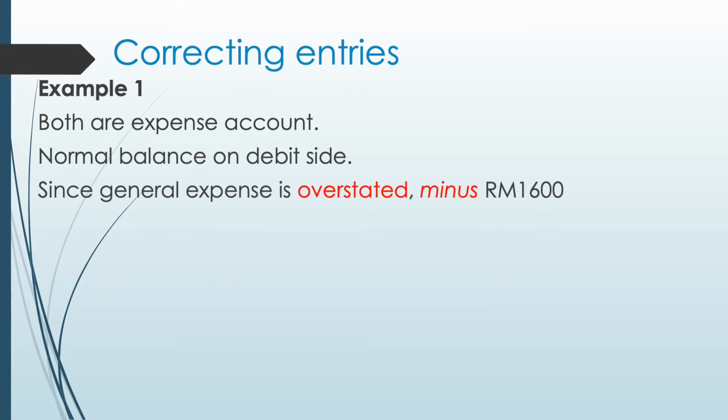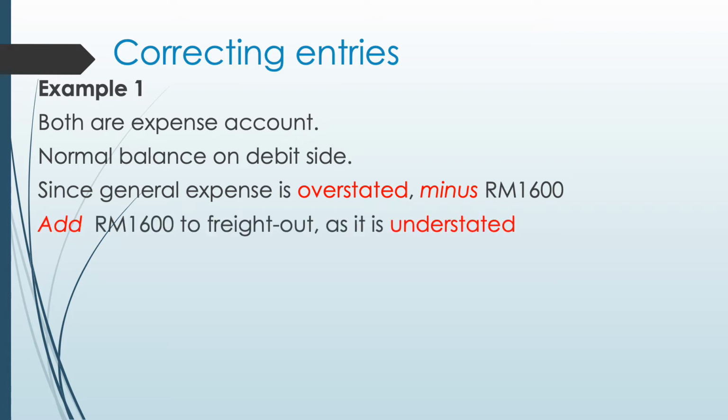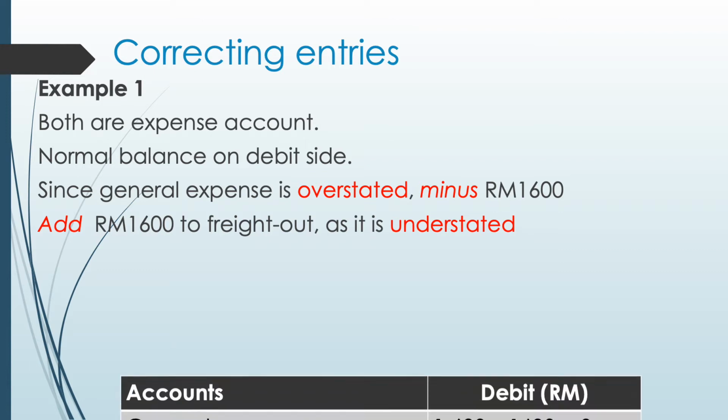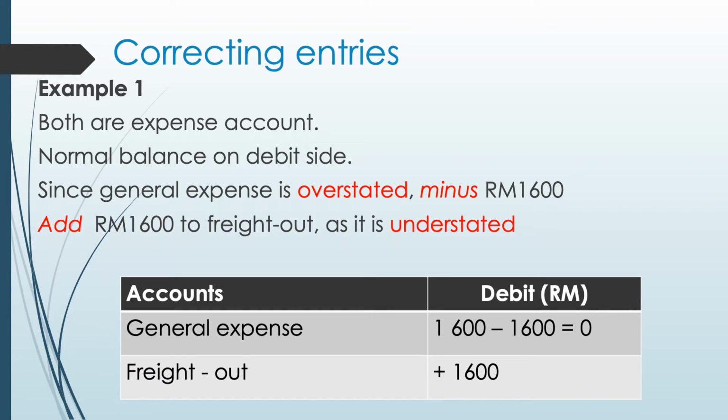Since general expense is overstated, we have to minus 1,600, and we have to add 1,600 to freight out as it is understated. General expense 1,600 minus 1,600 becomes 0, and freight out has to add 1,600 as it is understated.